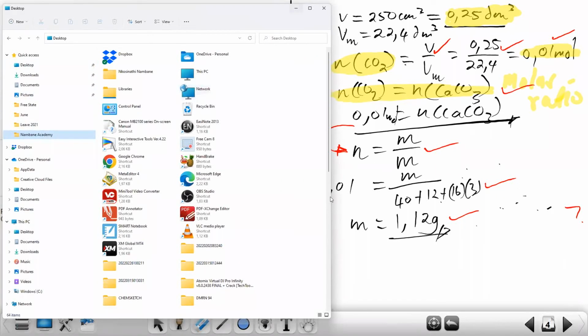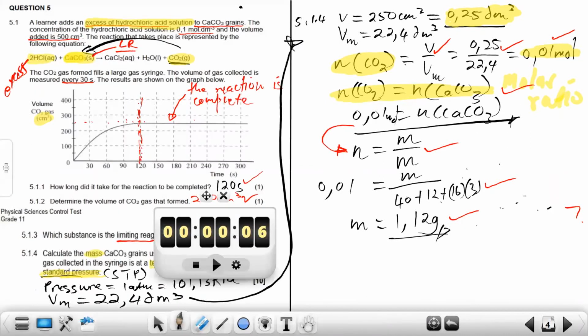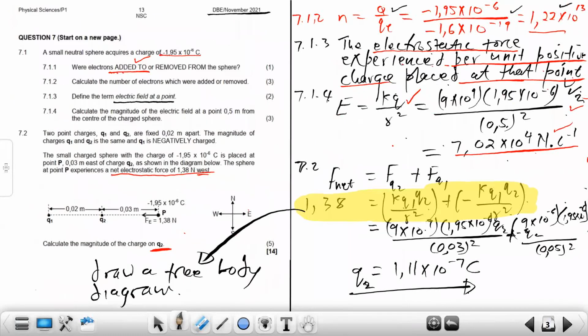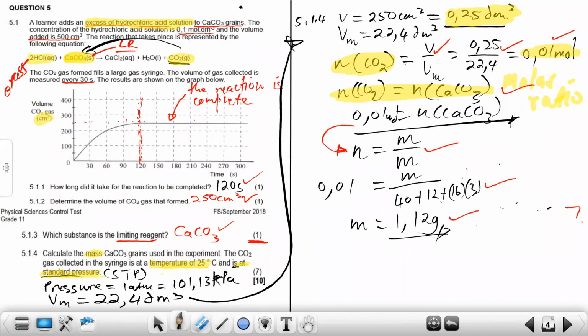There will always be bullets, especially, let me go to this one of 7 marks, stoichiometry. Yes, you see this one of 7 marks, 5.14. We are going to have 7 bullets. Let me make them here: 1, 2, 3, 4, 5, 6, 7 bullets.